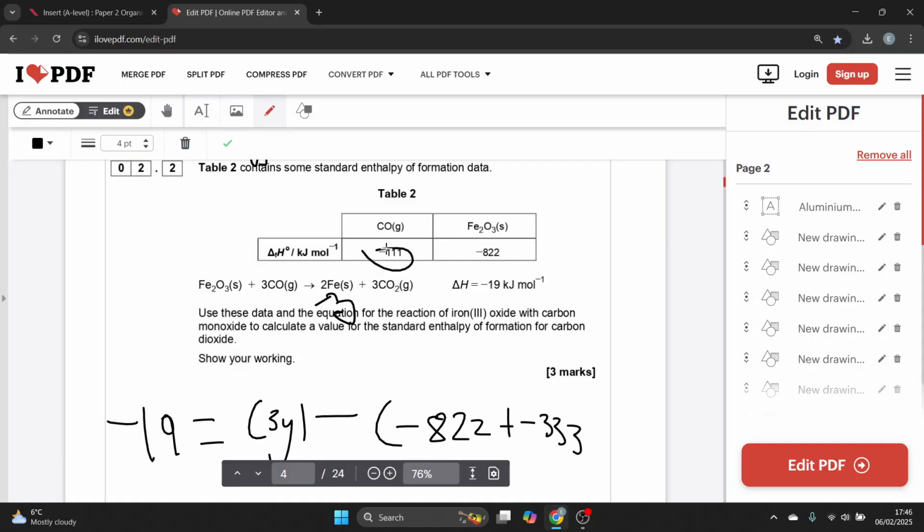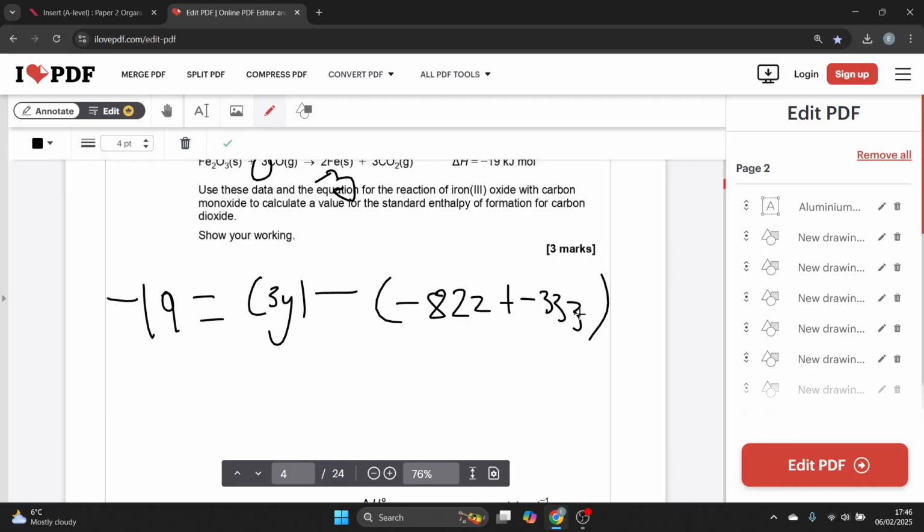How do I know that? Because this is minus 1111, and I've got 3 of them, so I just times it by 3. Now if I put this in my calculator, minus 1155, and then I add that.